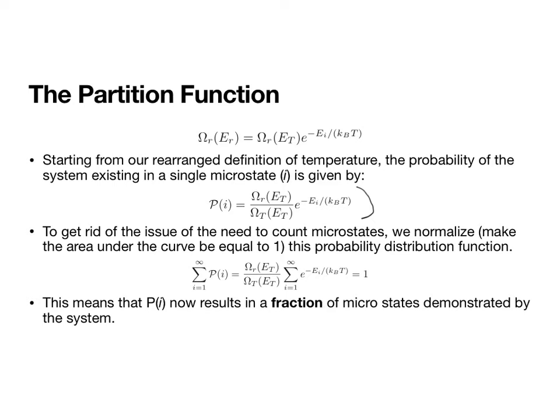So to do this, we are going to normalize this probability distribution. That means that if we took the integral of the full function or added up all of the possible probabilities, everything should be equal to 1. We do this mathematically and find out how to normalize this. That means this p sub i function that we've been working with is now a fraction of the microstates that are demonstrated by the system.